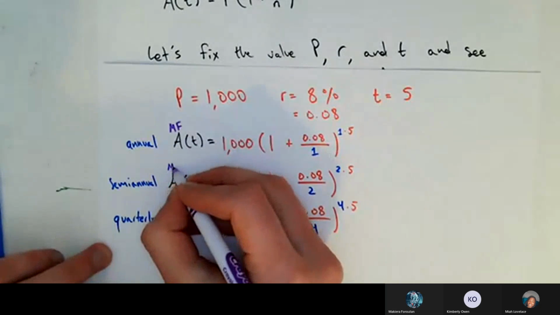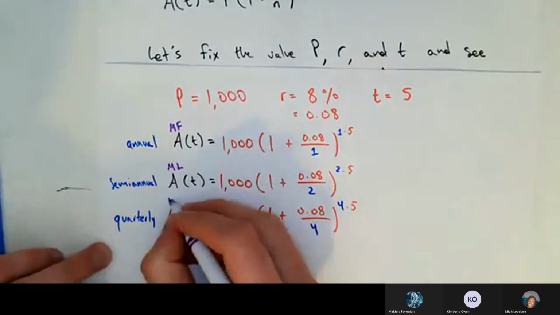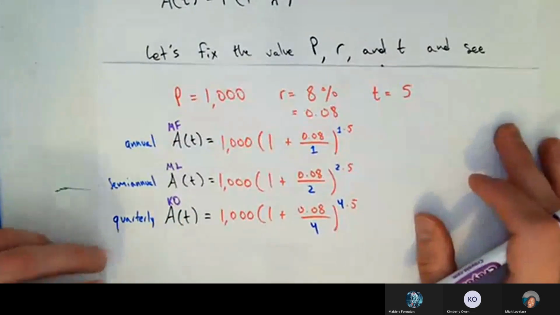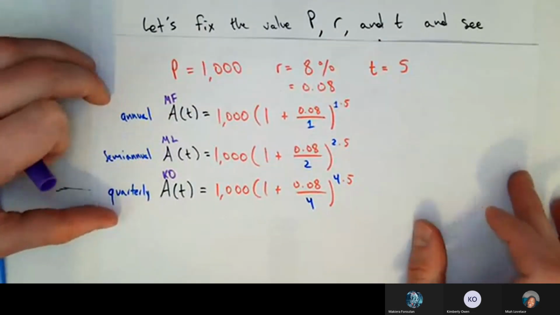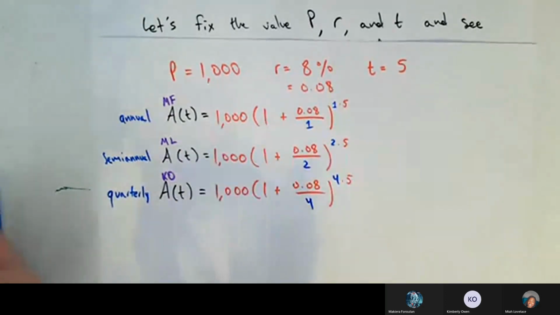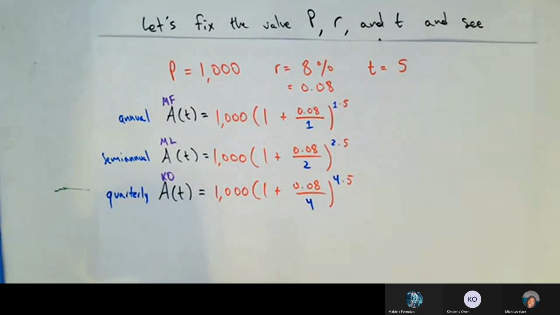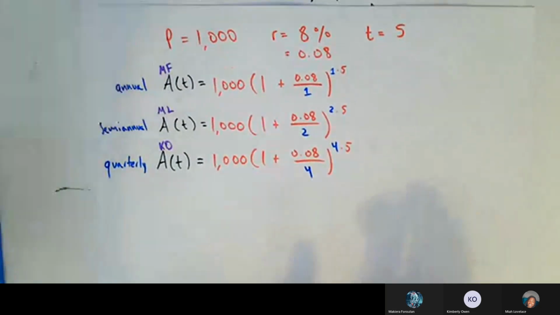And Maya, if you could do the second one, the semi-annual one. And then Kimberly, if you could do the quarterly one. So what I'm asking you all to do is plug these into the calculator and see what you get. And I will finish writing these. I'm gonna have to scoot the paper up a bit. I'm going to write the last 2.